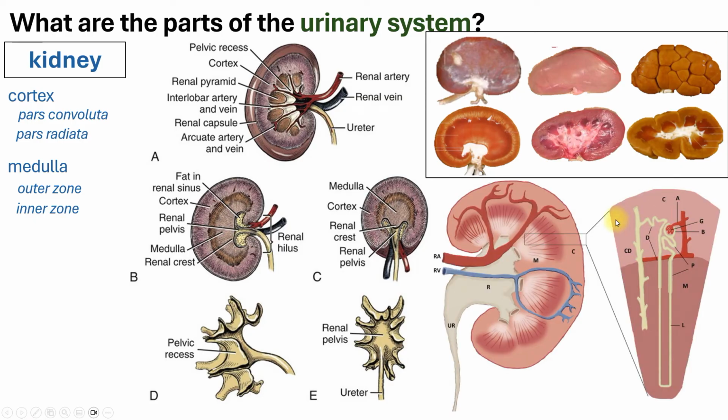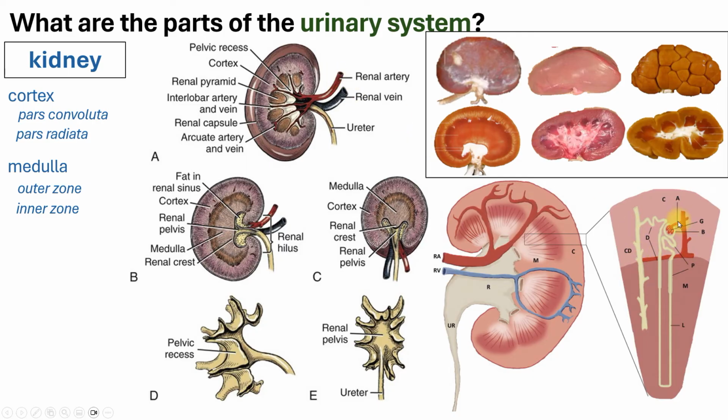Okay, so here you can see that the nephron is actually divided into the uriniferous part and the vascular part. Again, the vascular part is the part which carries the blood.